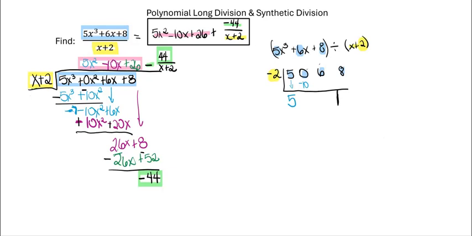Now I'm going to change the color because now I add straight down 0. So I'm back to my synthetic division. 0 plus a -10 is -10. And I made it this purplish color so you can see that it matches this -10 over here in my long division, the coefficient of x. And then I'm going to multiply -2 times -10 to get 20.